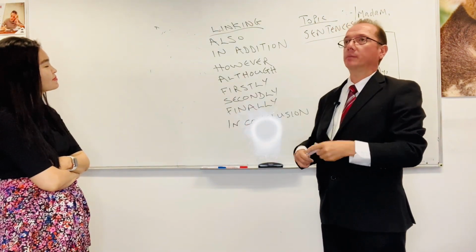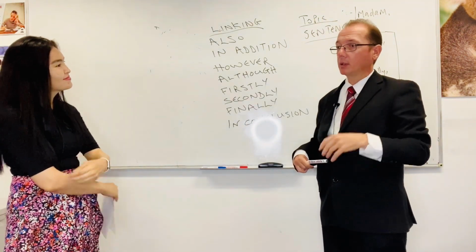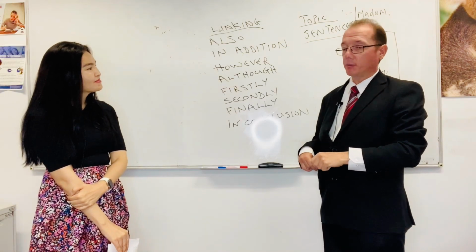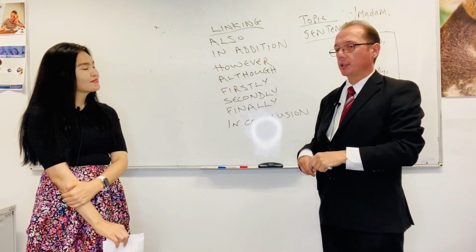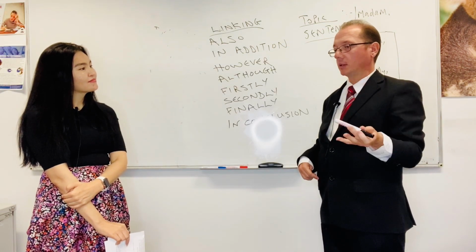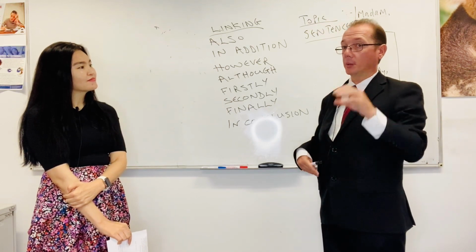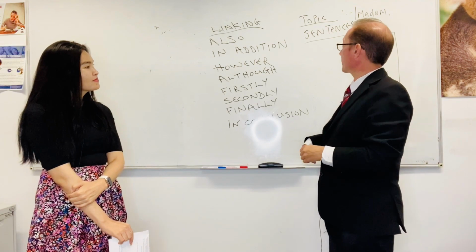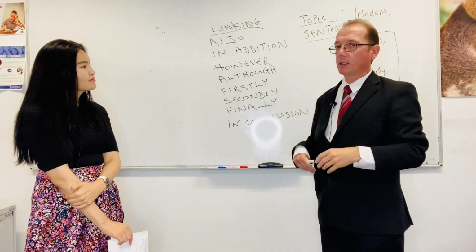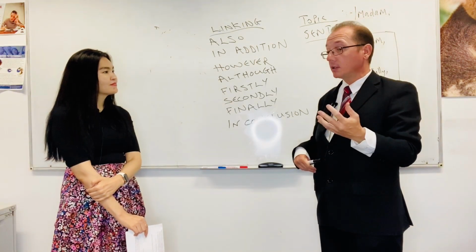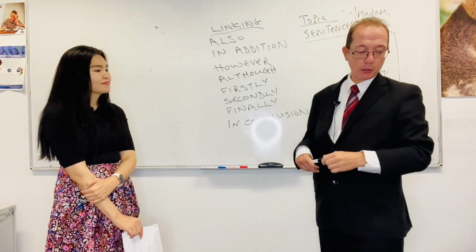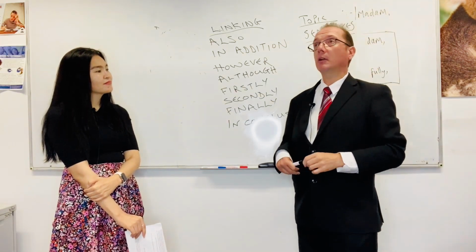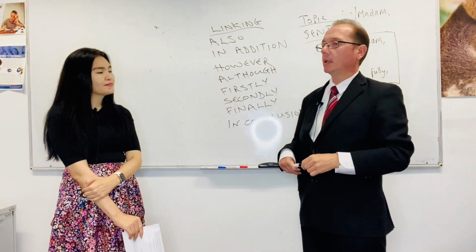So for example, however, linking word, there are also disadvantages associated with school uniforms. Could be a good way to start that part of the essay. And it's a good topic sentence. Again, it makes the structure better, it makes it easier for the examiners to read, and it will increase your score.